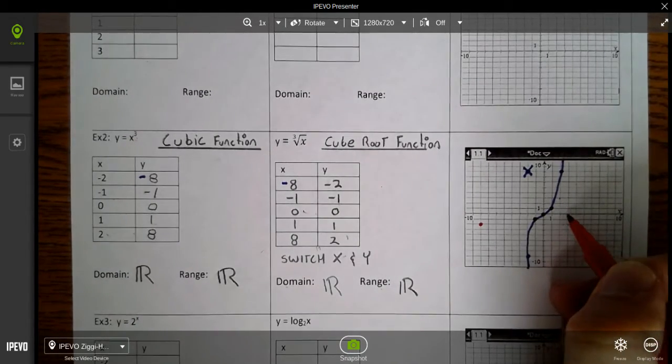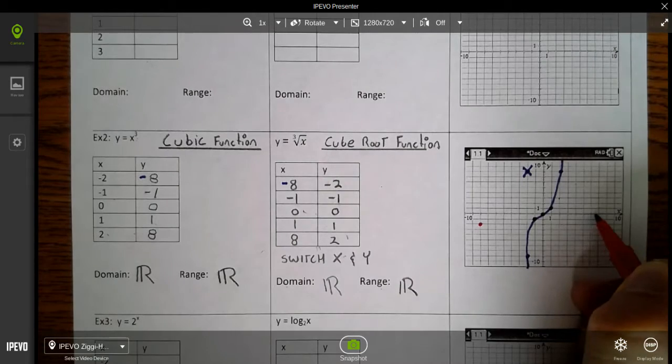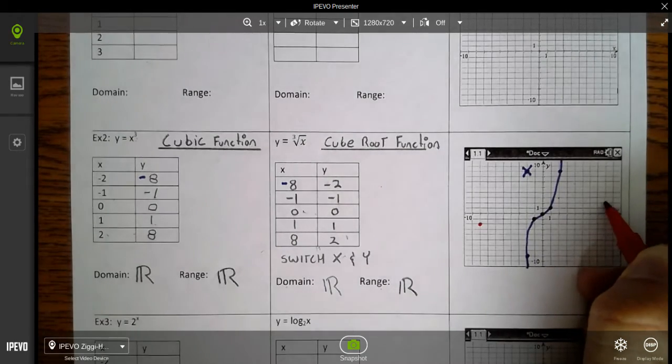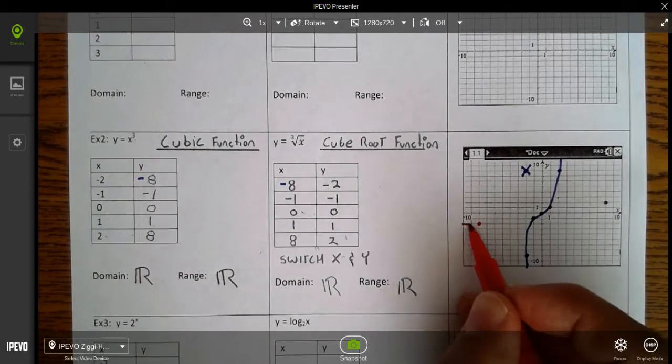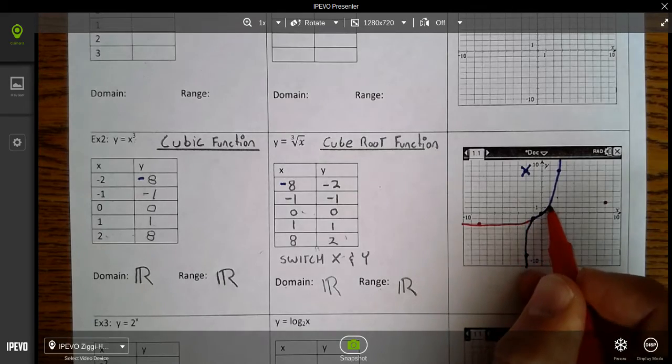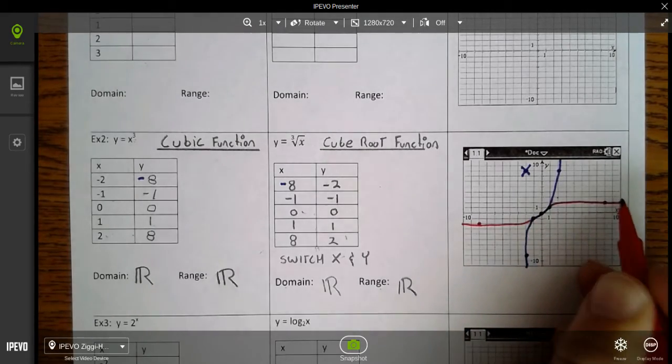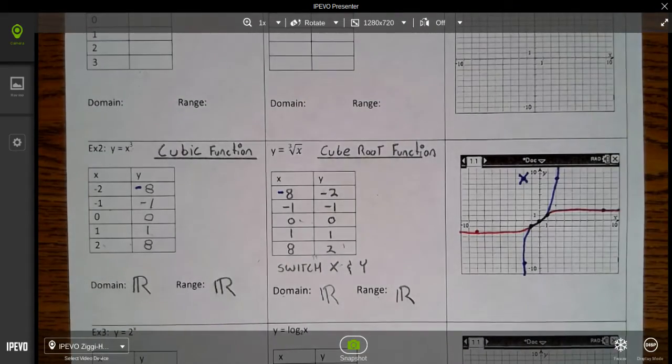So 1, 2, 3, 4, 5, 6, 7, 8, 1, 2. All right, give you a few seconds to pause that and update your graph.